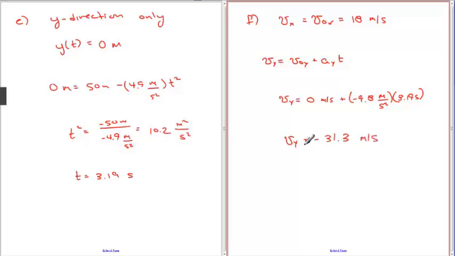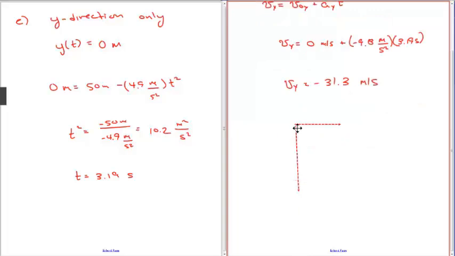To find the actual velocity, we take those two components, v sub x, which is positive, and v sub y, which is negative, and we use the vector sum of those two, which is this. So this is v sub x, 18. This is v sub y, which is negative 31.3.